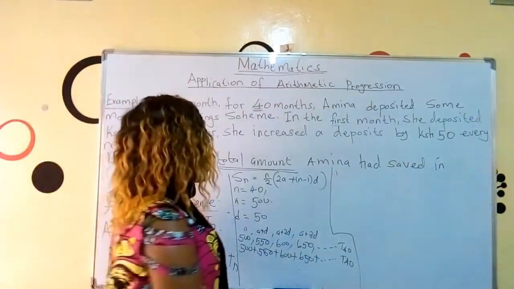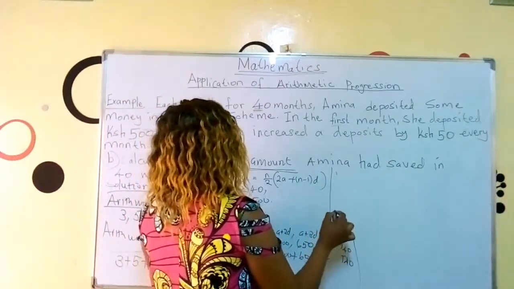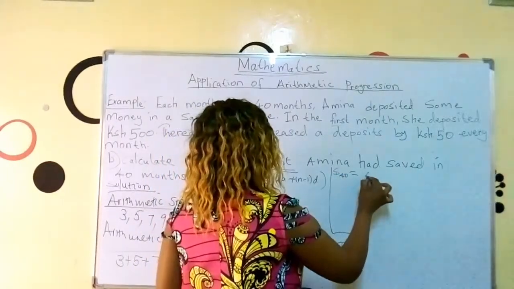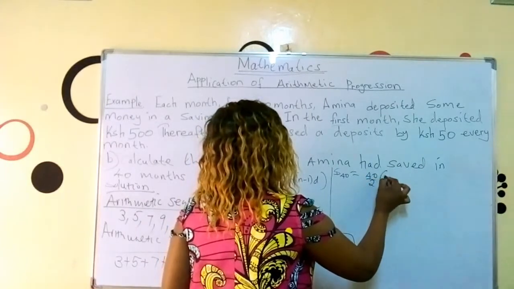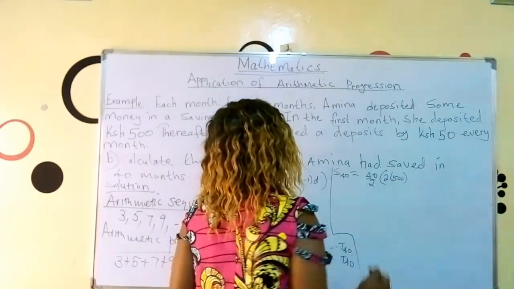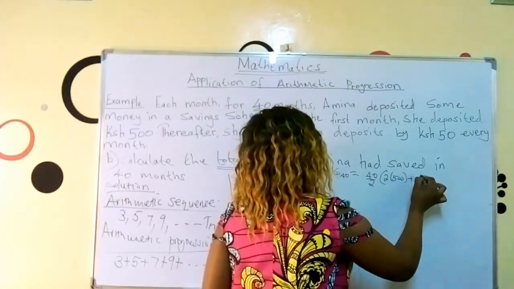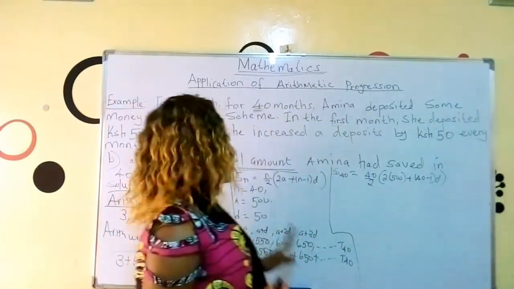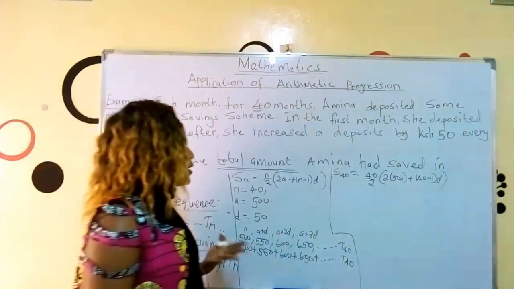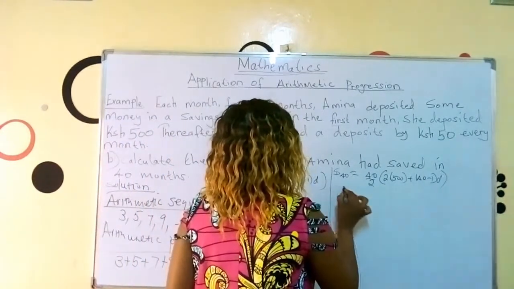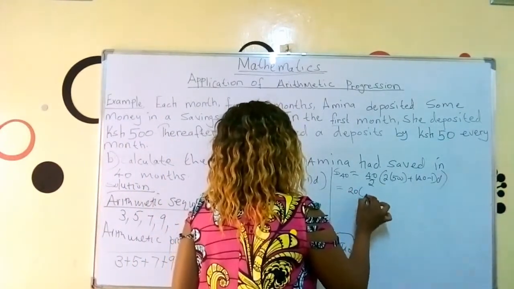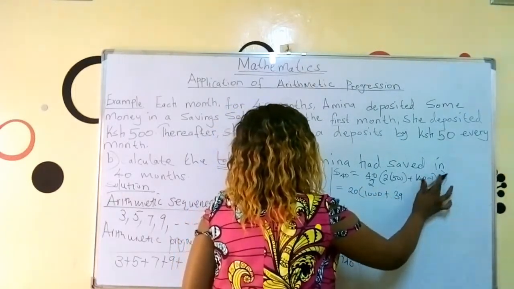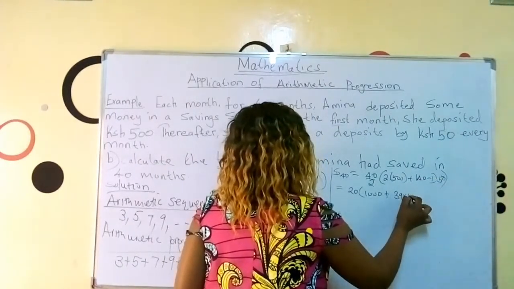So in this case now we are going to substitute, and we shall have Sn, which is n, 40, divided by 2, 2a, A is 500, plus 40 minus 1 d. And that one will give you a direct 1 mark. So this one in short will be 1,000 plus 39, and remember, d here is 50, 39 times 50.